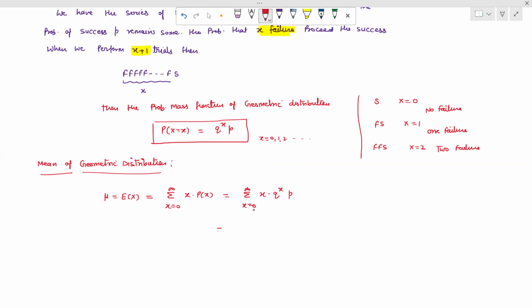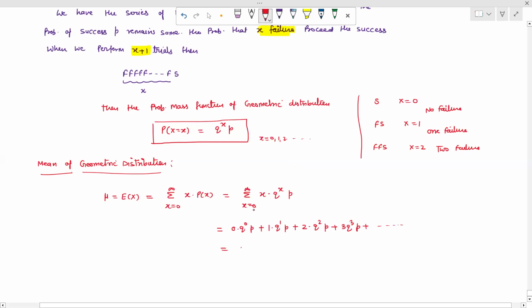Now when we expand the summation, putting x equal to 0, we get 0 into q raised to the power 0 into p, plus x equal to 1, q raised to the power 1 into p, plus 2 q square p, plus 3 q cube p, and so on.